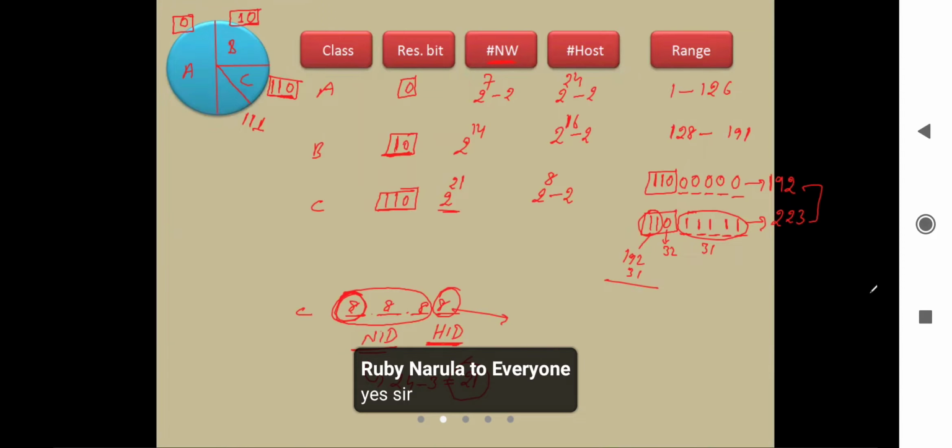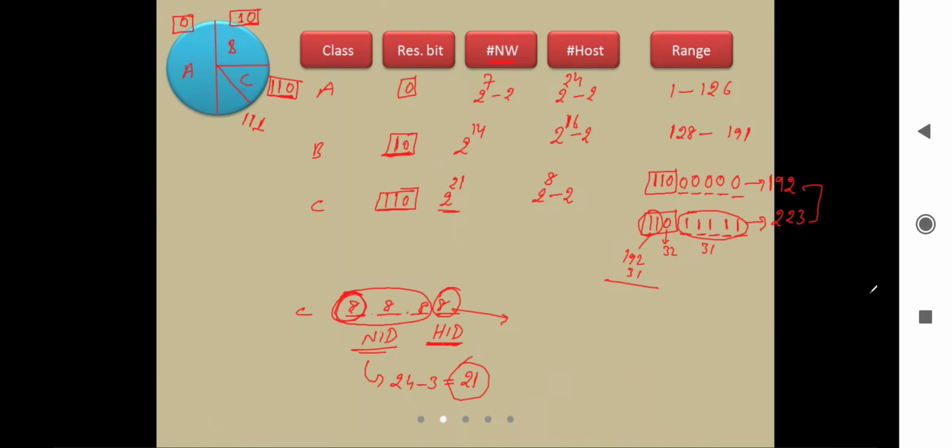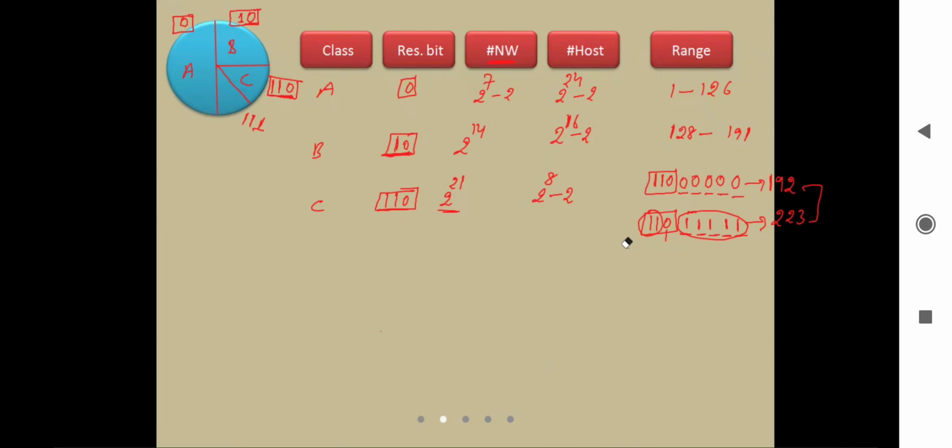Now let's see the next thing, that is class D. So here this partition is remaining, right? This piece of cake is remaining. Now I want to divide this piece of cake into 2 portions. Again we require 1 bit, right? So here I will put 0, and here I will put 1.